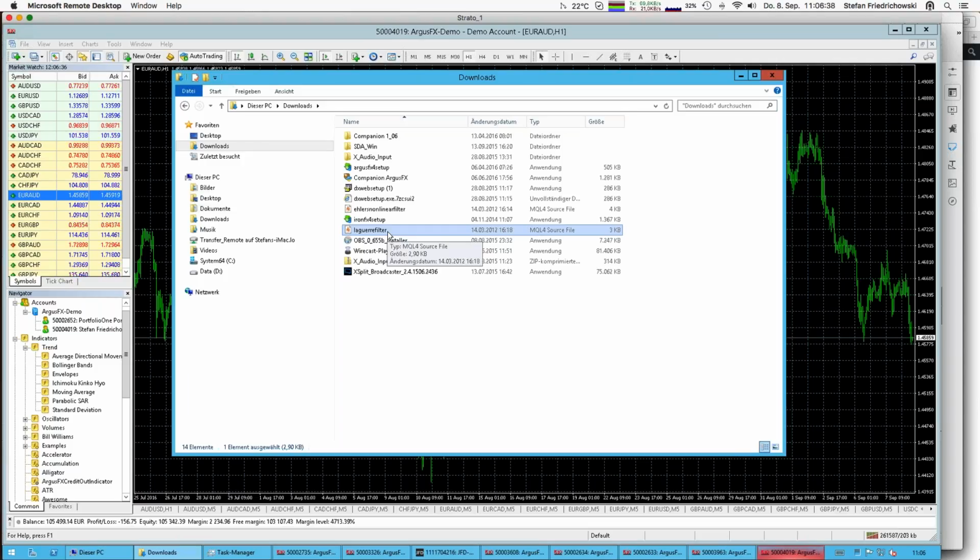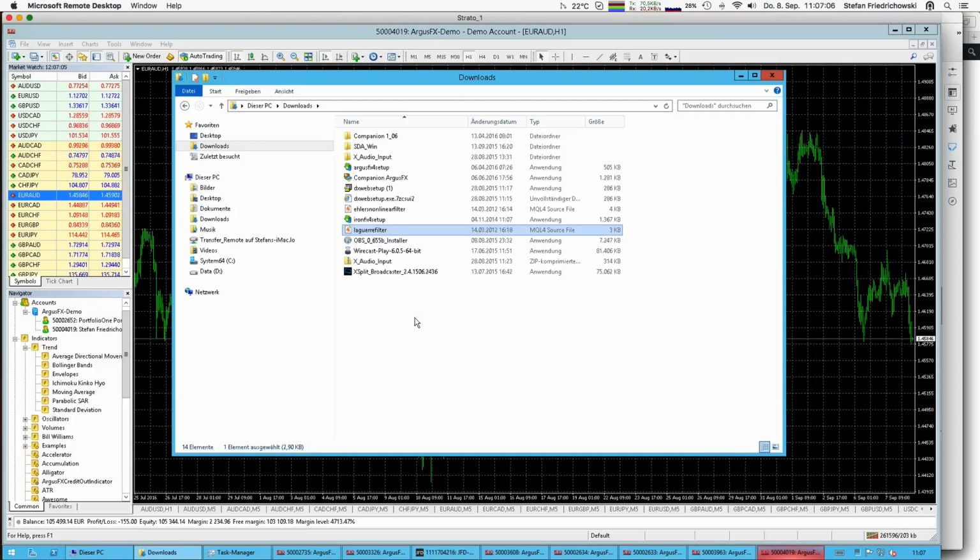One is that you have a file with extension MQ4, or it might be already some executable. It doesn't matter what you have. The step for installing is simply the same. So what we do here is we copy that file now, and where to put it.